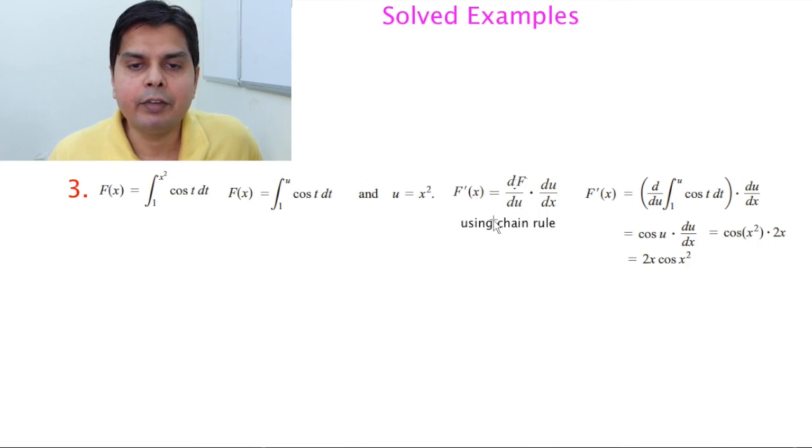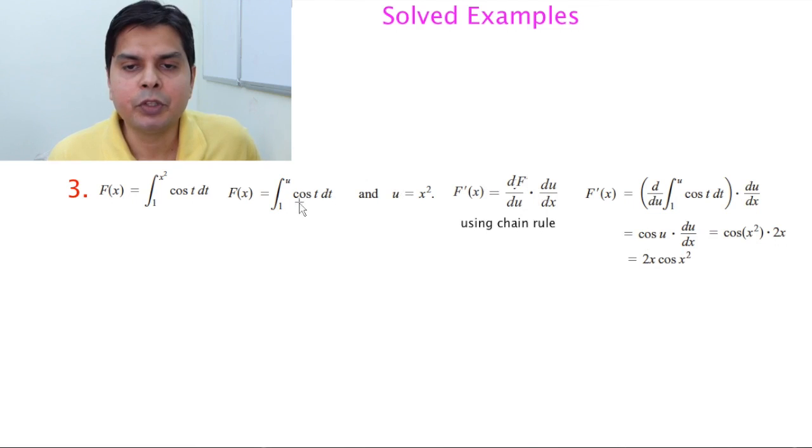Now I have to find f prime of x. Using the chain rule, this will be df by du into du by dx. Differentiating with respect to u, the integral from 1 to u of cos t dt, using the fundamental theorem of calculus, becomes cos u. Now what is du by dx? It is 2x, so the answer becomes 2x cos x square. This is also very simple.